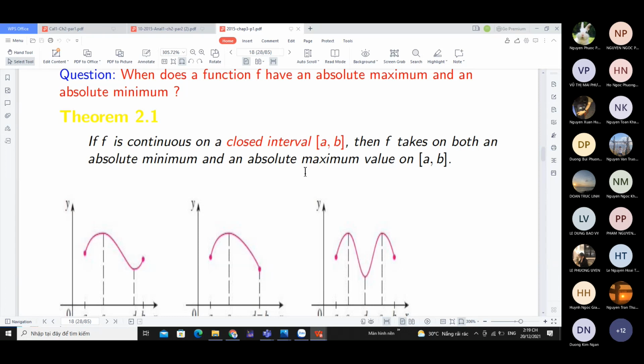However, we do not know how to get them. Okay, now you should learn how to find the maximum value and minimum value of a function f on a closed interval AB.